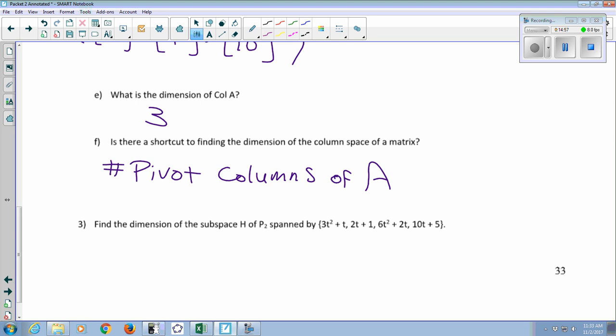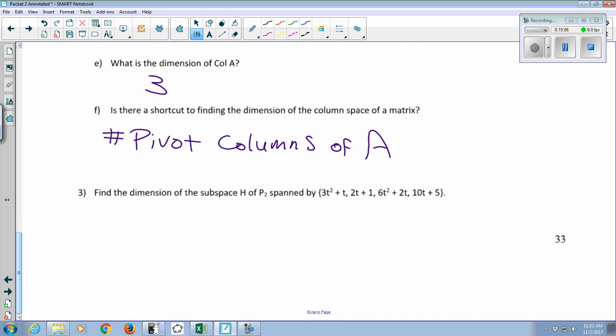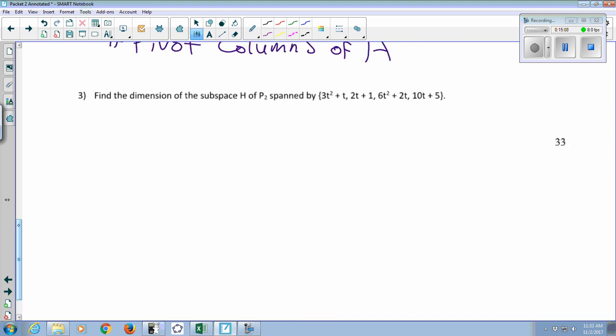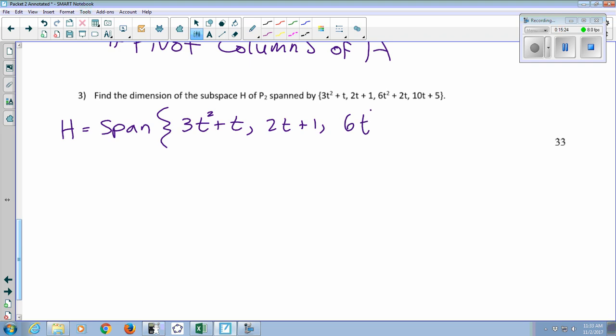So we're looking at the span, so they're a spanning set because that's the definition of H, right? We're looking at H is the span of those 4 vectors. So H is the span, just summarizing the way they've defined H here: 3t squared plus t, 2t plus 1, 6t squared plus 2t, and 10t plus 5.